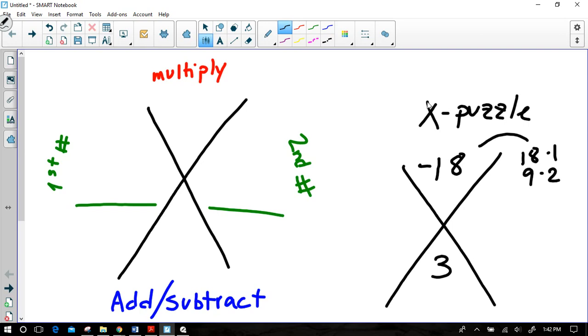So that won't work. What about 6 and 3? 6 plus 3 is 9. 6 minus 3 is 3. Ooh, I think that we got it. Right? So in order to make this work, I would have to do a positive 6 minus 3. So my answer would be positive 6 minus 3.